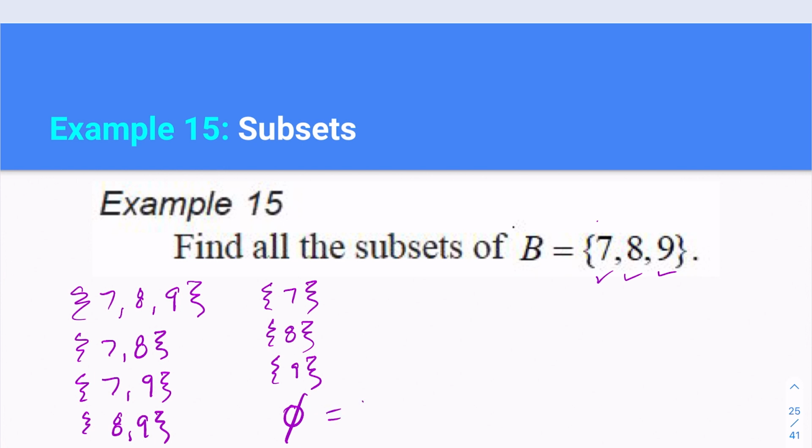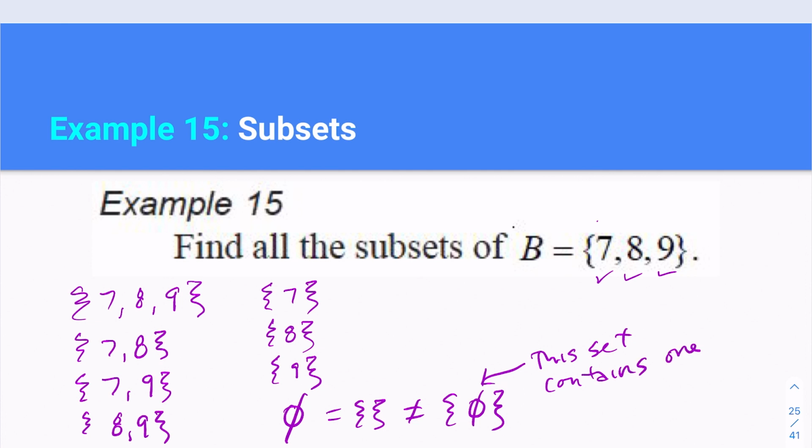Okay, and you can write it as that, but it is not equal to this. Why? Because this is a set with 1 element in it. The element's name is the null set, or the element is the null set. But this is not equal to this set, which contains one element.